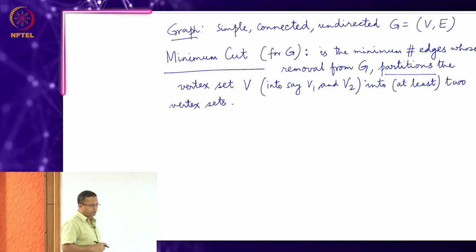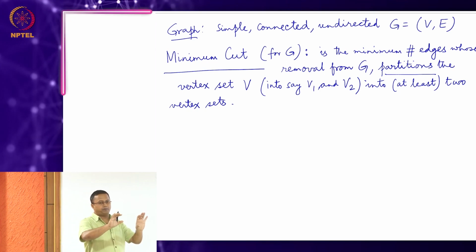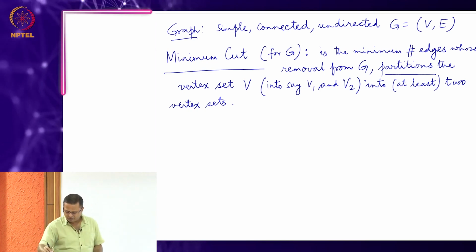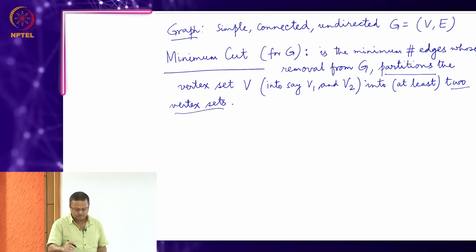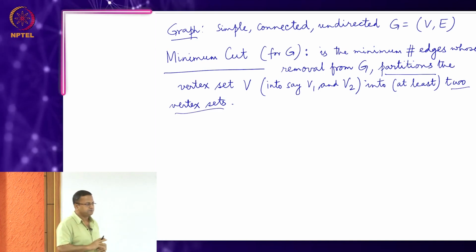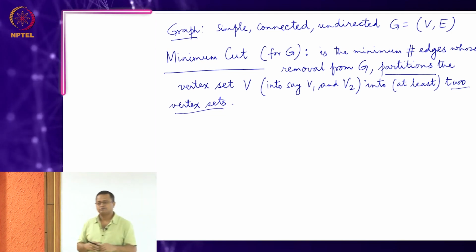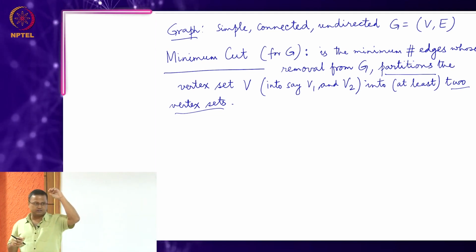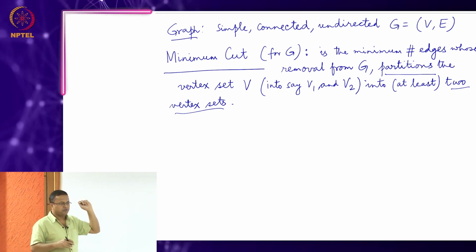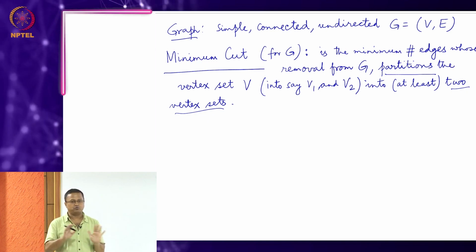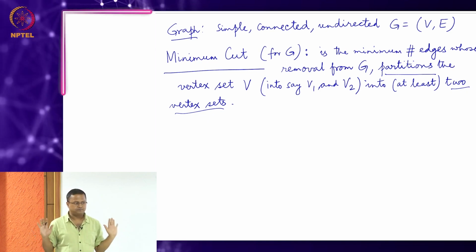So, I require the vertex set V to be broken into at least 2 parts. Think of this as 2 vertex sets. The minimum number of edges I need to pick out from the graph such that the graph breaks into 2 parts. So, is the problem clear?